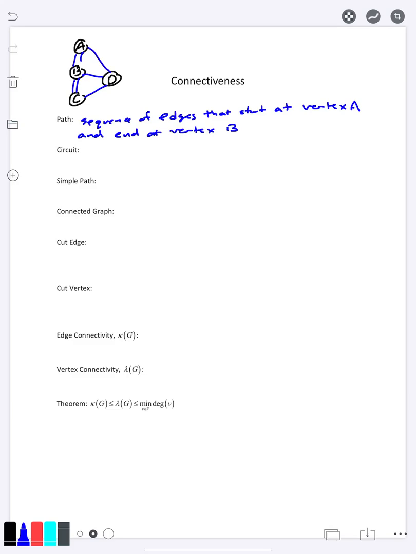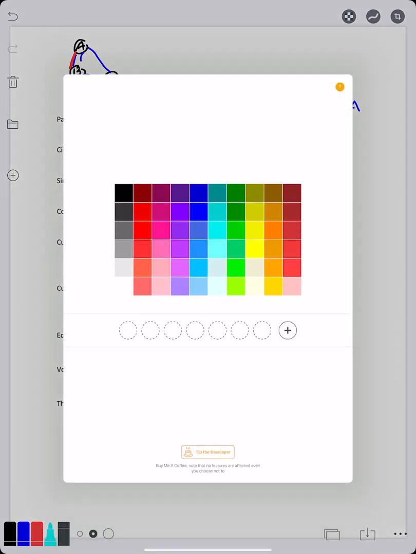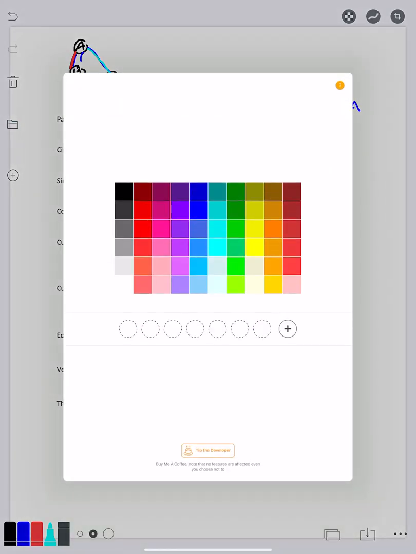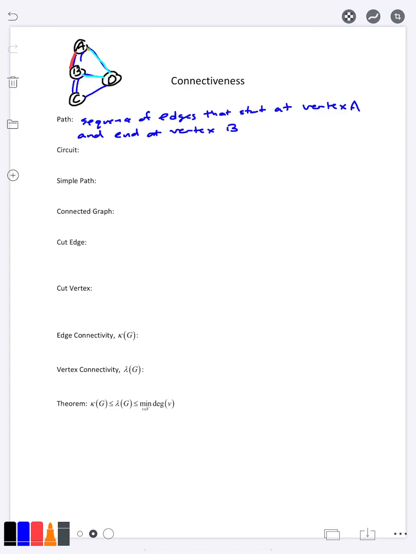And so let's say I wanted to have a path from A to B. I could use just this single edge, and that would be a path from A to B. On the other hand, if I use this sequence of those two edges, that would also be a path from A to B. If I instead used these edges here, again, that would be a path from A to B.